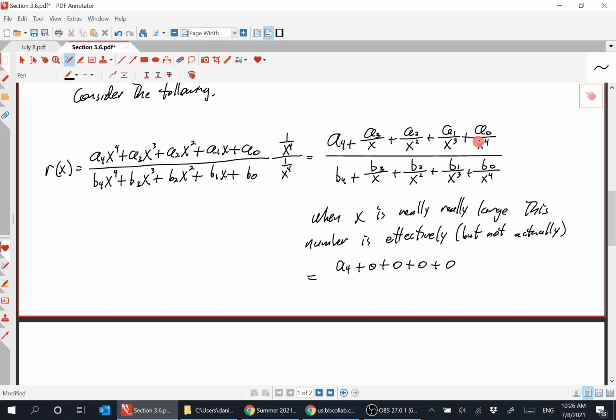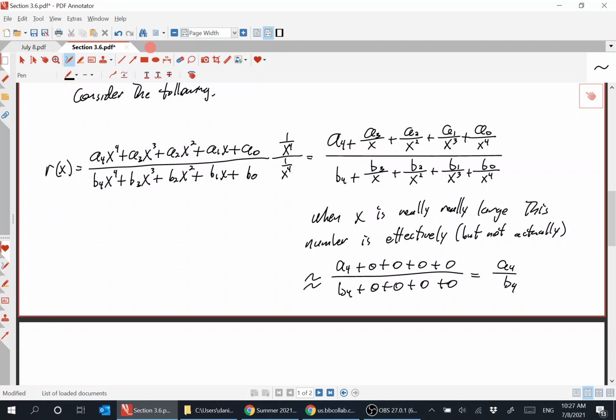All of these are about 0. b4 plus 0, 0, 0, 0. So just a4 over b4. It's not exactly that. It's approximately this. And the larger x gets, the closer it gets to that, a4 over b4.